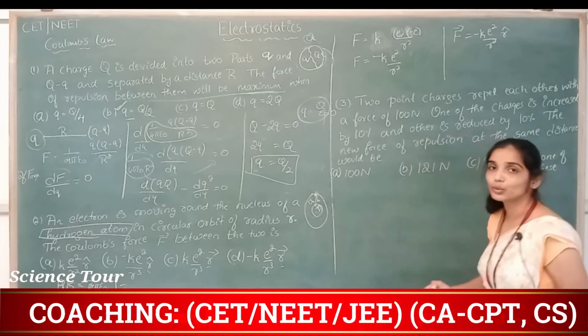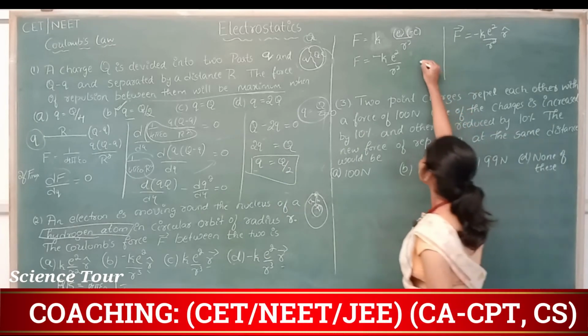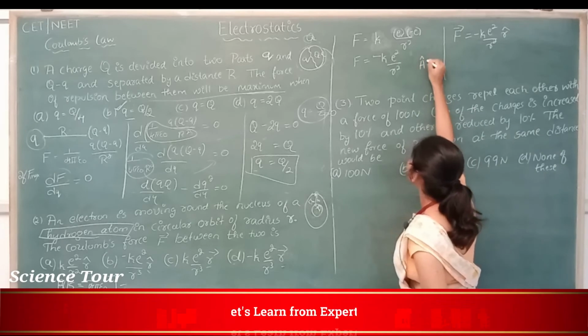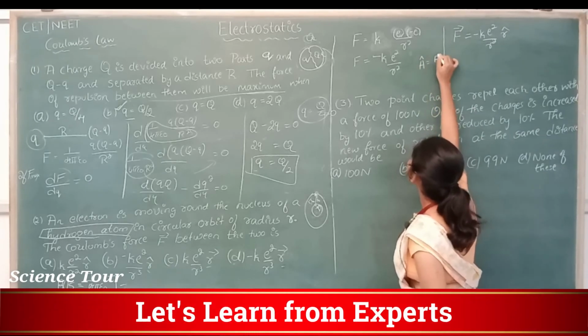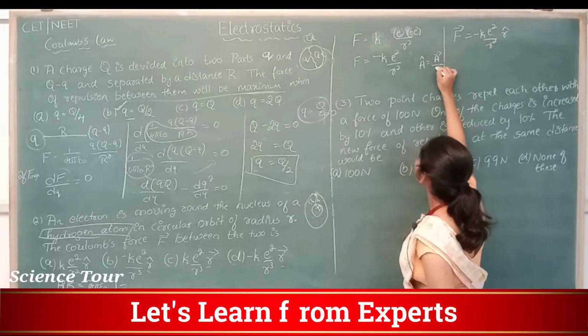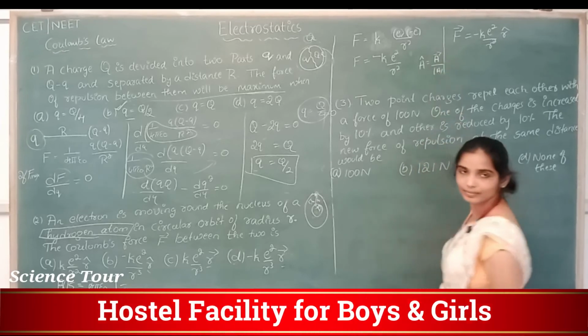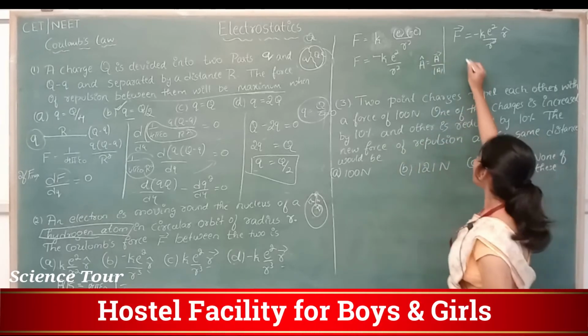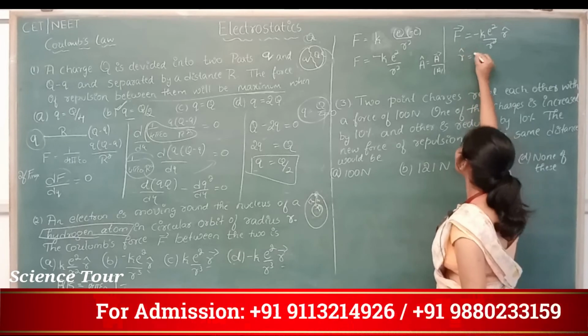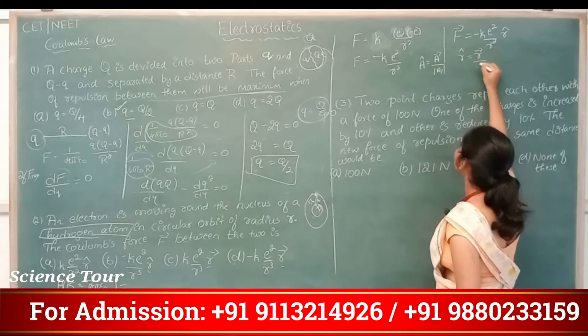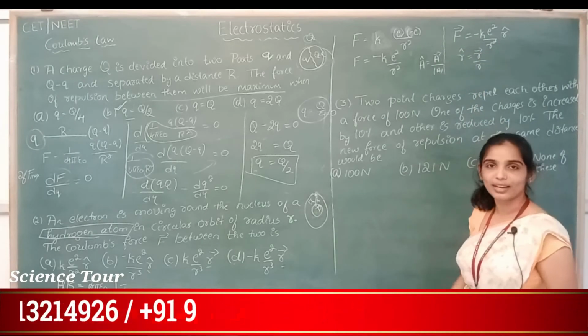So what shall we do? What is r cap equal to? A cap is vector a divided by the magnitude of a. So r cap is vector r divided by the magnitude of r.